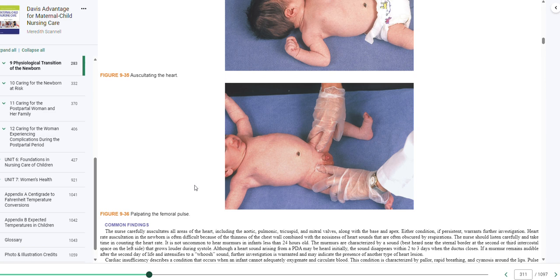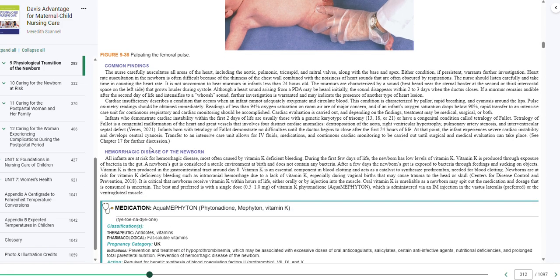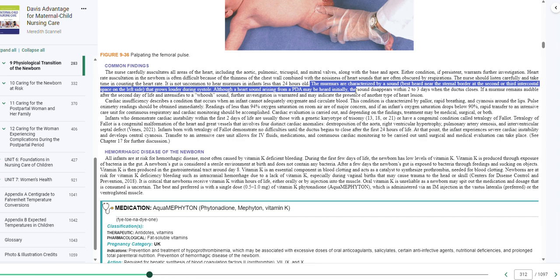All right, let's look on page 312, common findings with the heart. Under common findings, that first paragraph about halfway down, it's talking about murmurs. We just talked about murmurs a little bit, but this is a wink and a lollipop.